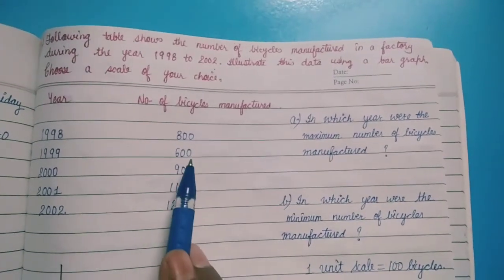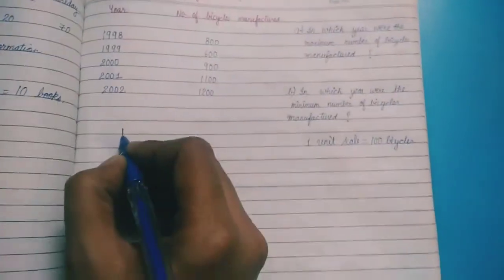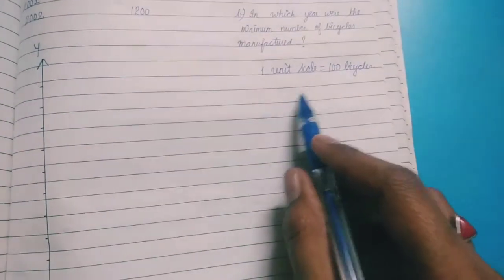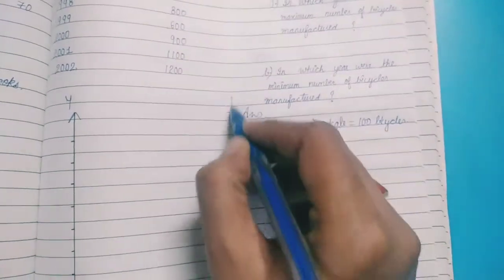So they can easily be denoted by 100. We know the vertical axis is known as y and the horizontal axis is known as x. And where both axes meet, that point is known as 0. We chose 1 unit scale as 100. It means that each unit is representing 100.